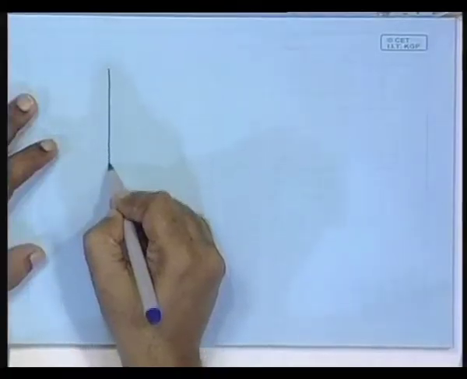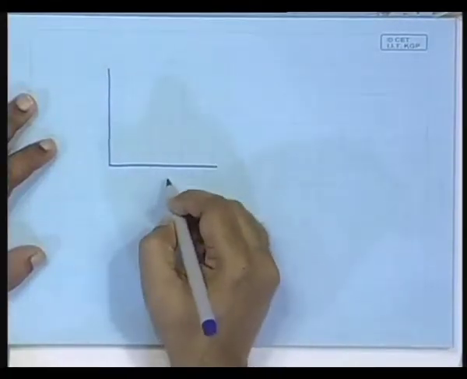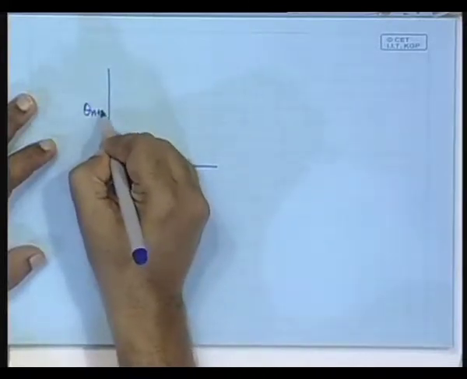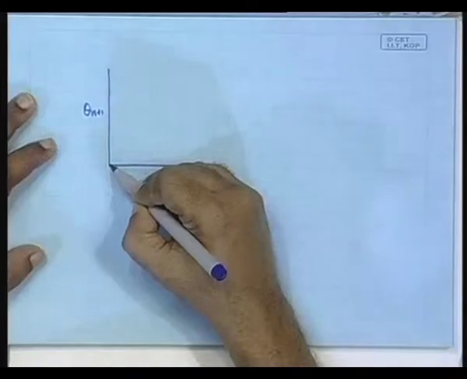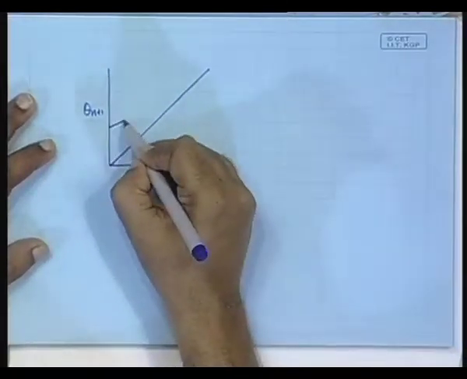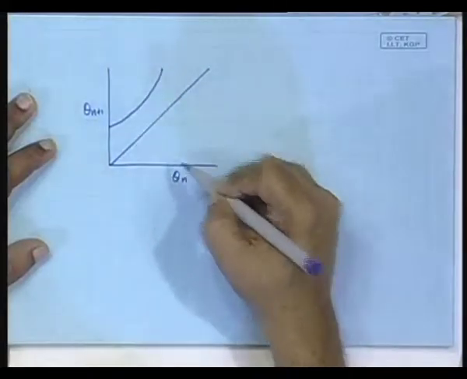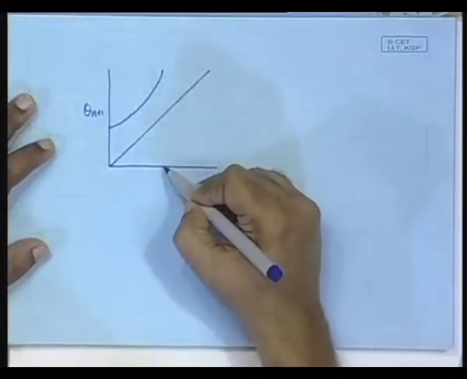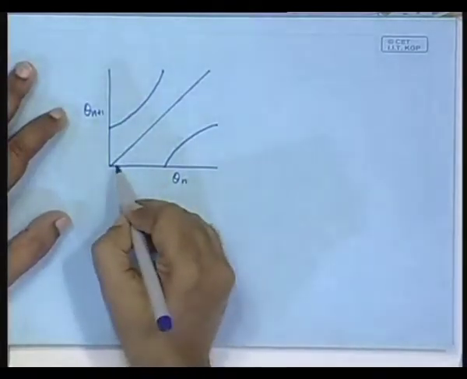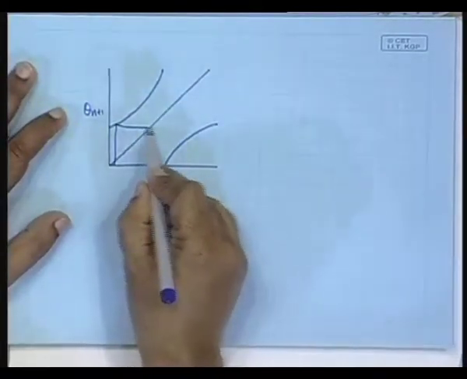Let us try to figure out how the 1 to 2 situation looks in the graph. Here is your theta n, here is your theta n plus 1 graph of the map. Here is the 45-degree line. So, it would be something like this, and then from here it will come back here and it will start like this. So, you can visualize an orbit something like this, say here to here.